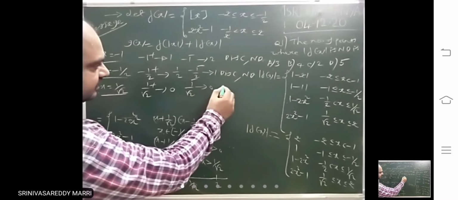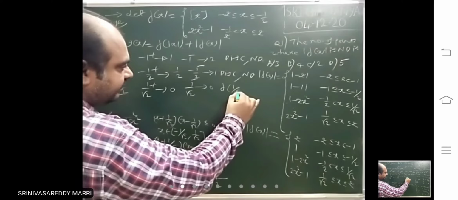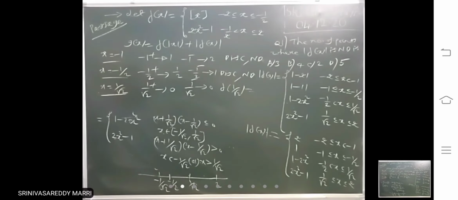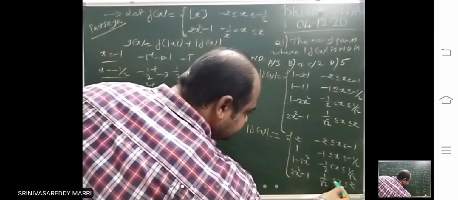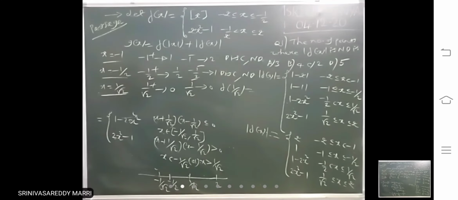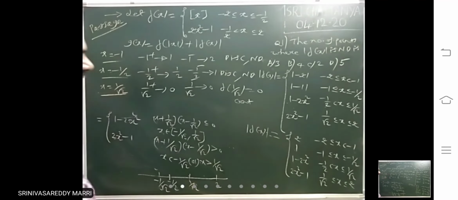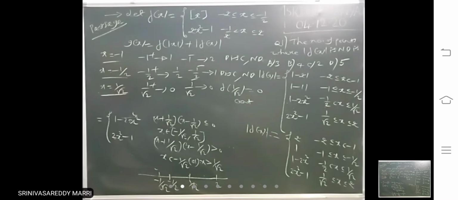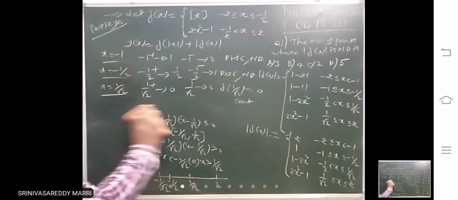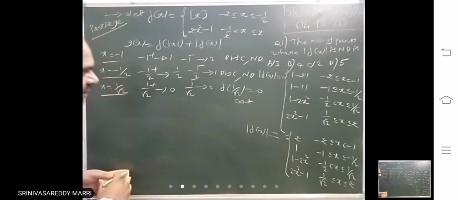That comes out to be 0. And f of 1 by root 2 means where it is defined: 2 into 1 by 2 minus 1, that means 0. Therefore, it is continuous. Now f dash, continuous means you have to check the right hand derivative and left hand derivative.